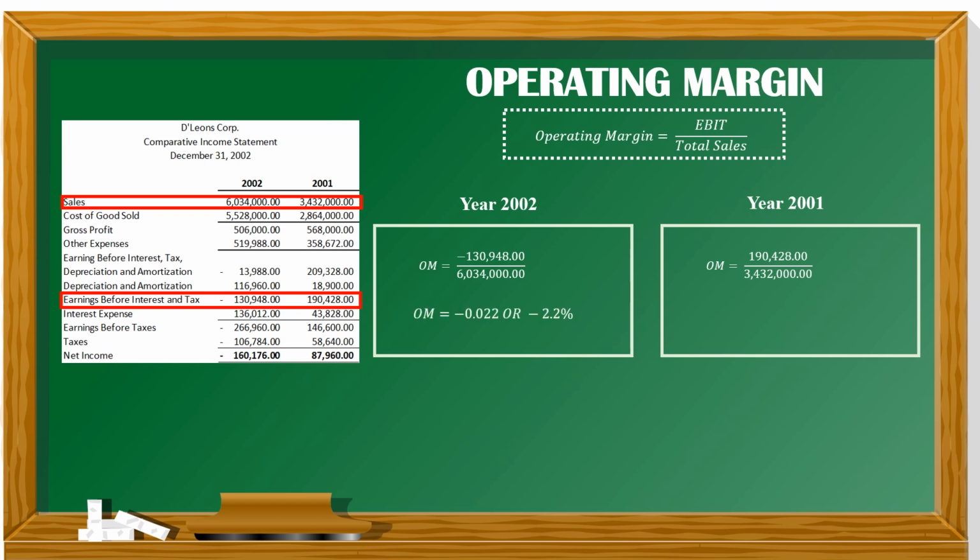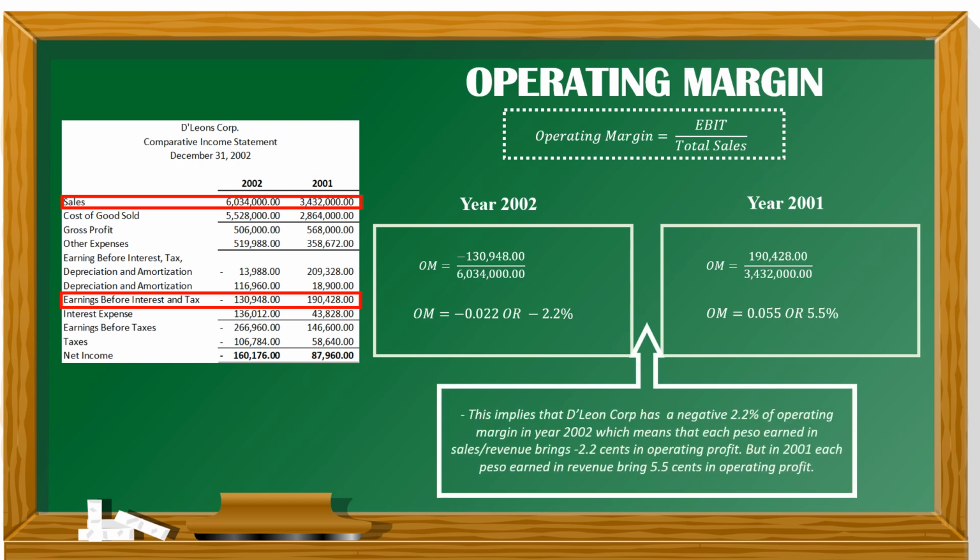So in year 2002, it has an operating margin of negative 0.022 or negative 2.2%, while in 2001, it has an operating margin of 0.055 or 5.5%.